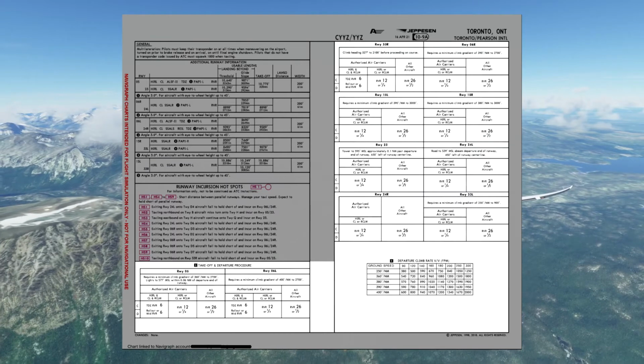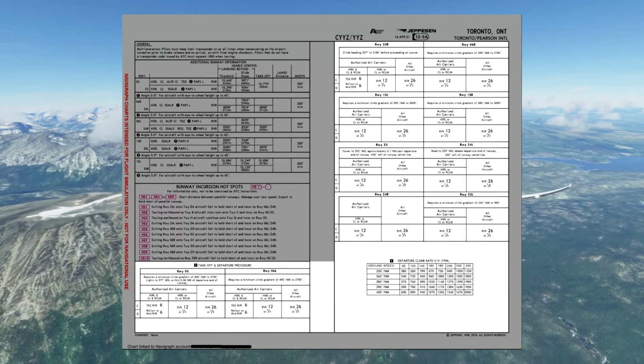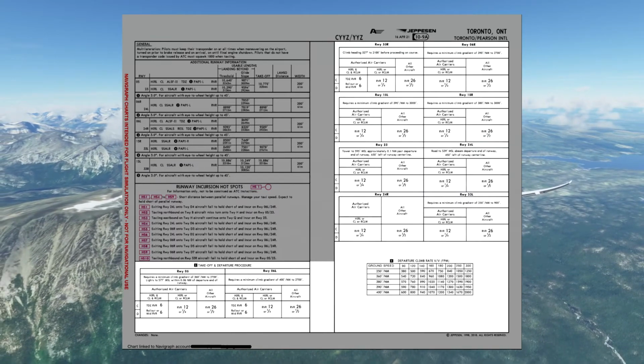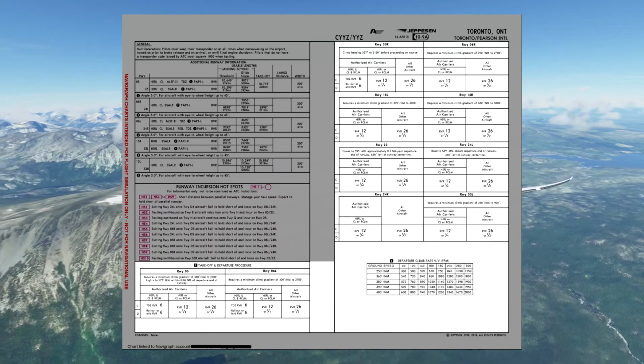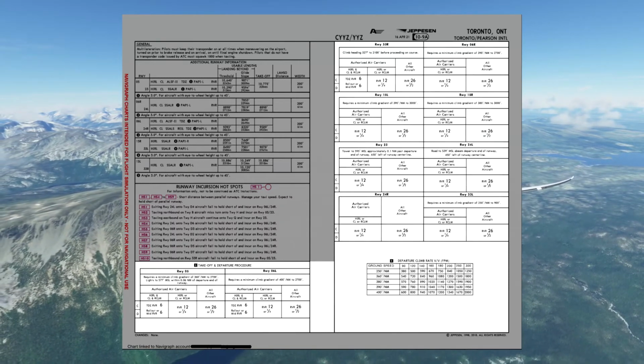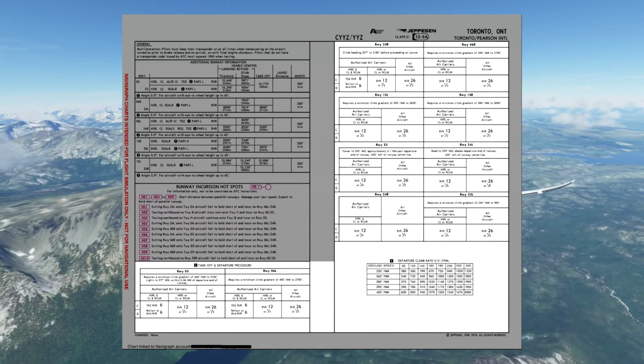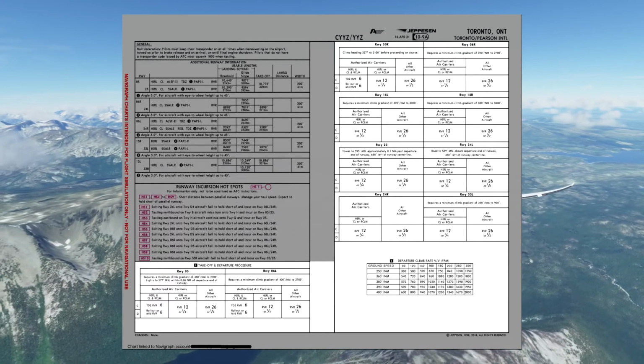So when you take off, when you get just a tenth of a mile out, on your left, you're going to see a tower. So it's just a little bit of a warning. Hey, be aware that it's there.